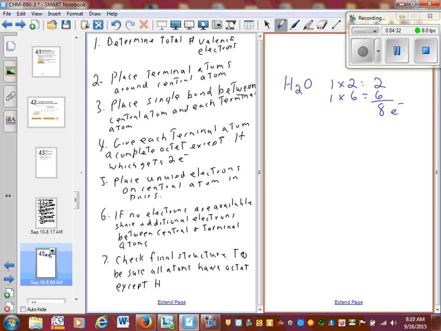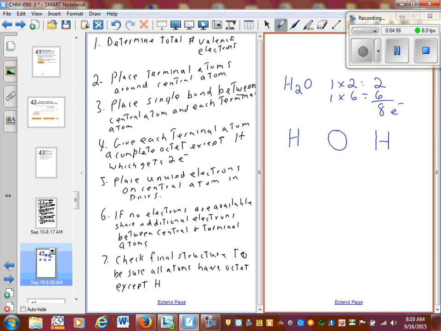No more, no less. Oxygen is going to be the central atom. Hydrogen is never a central atom because it can only have 1 bond. So, I put the oxygen in the middle, surrounded by hydrogens. I just do this to make it look symmetrical because I like symmetry.